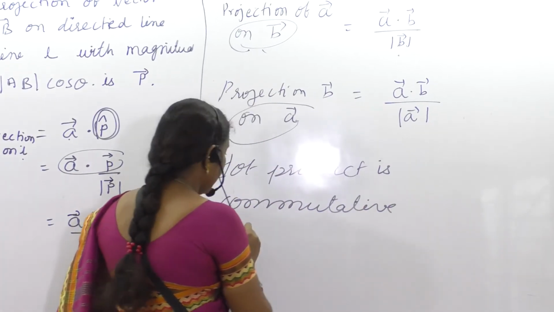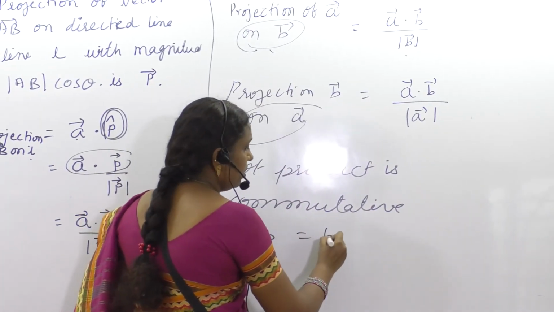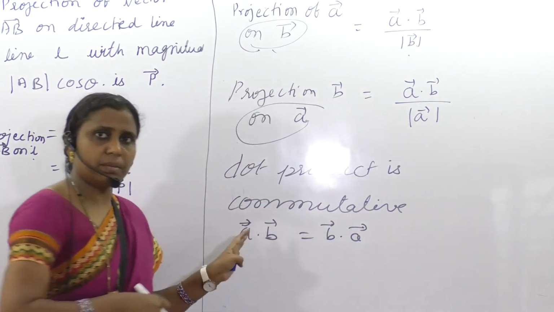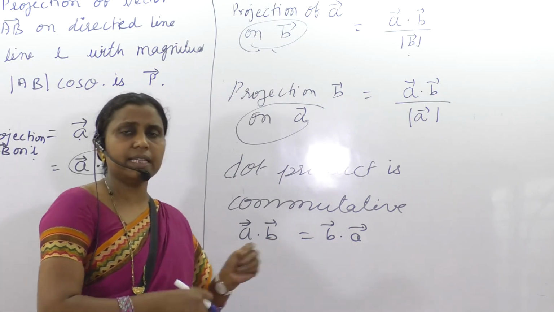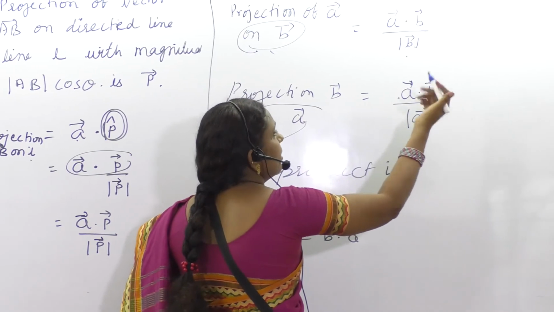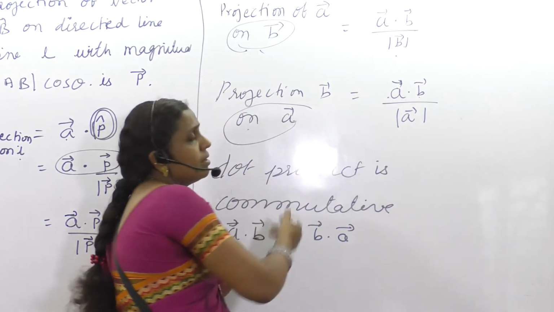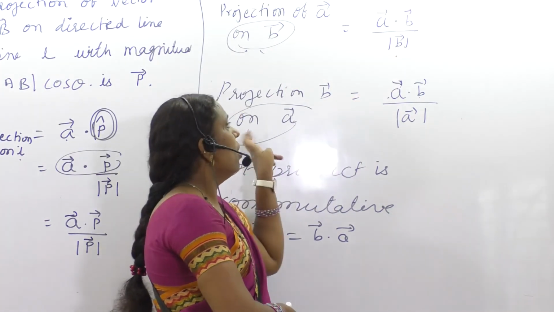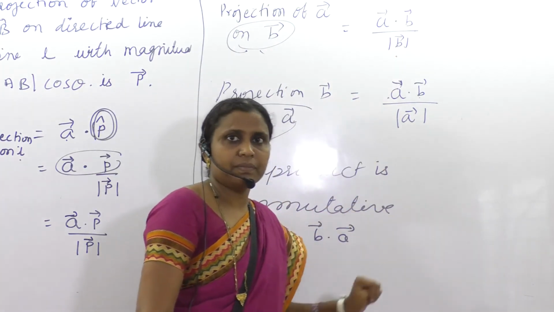A dot B is equal to B dot A. One way or the other, in both cases you will get the same answer. So A dot B remains the same or B dot A, it is your choice. On which vector, that you have to concentrate on. On B means divided by B, on A means divided by A.